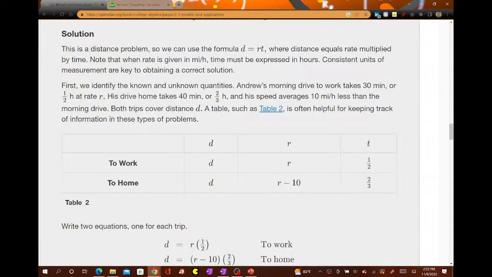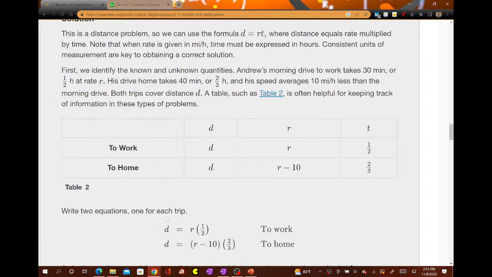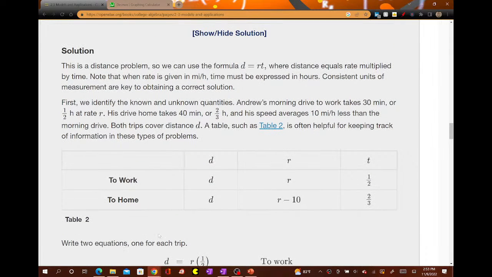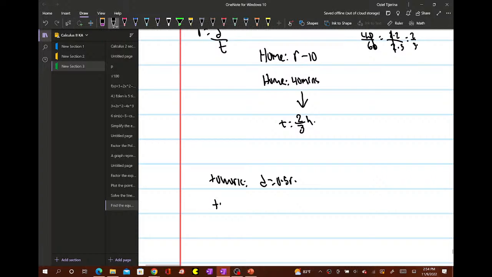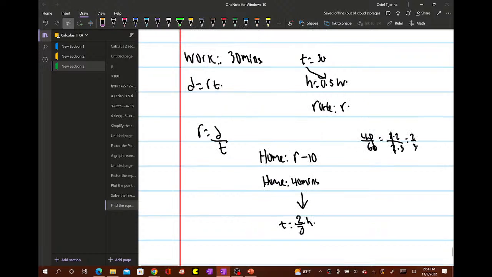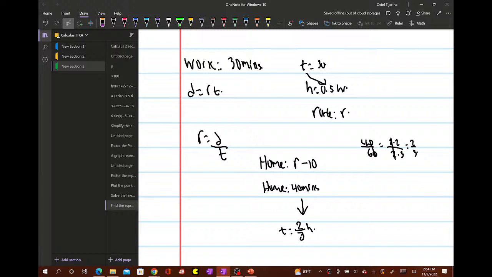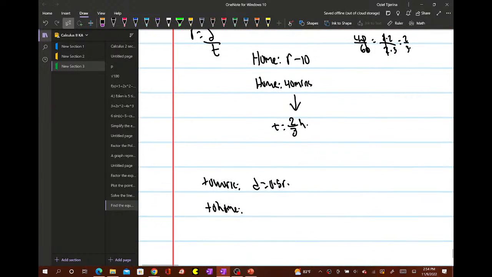And then to home, the distance is equal to, let's see here, 2/3 of an hour, so it's rate times time.